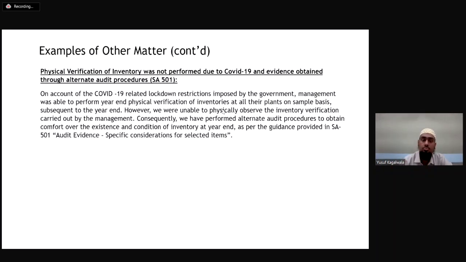These are based on the procedures we have performed. We are just highlighting that the core procedure of physical verification we were not able to perform, and we were not able to take comfort on the existence of the stock. However, we have done alternative procedures and have obtained overall comfort based on them. But the main procedure was not performed.